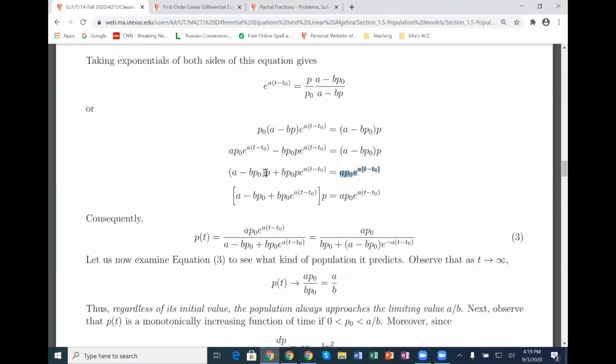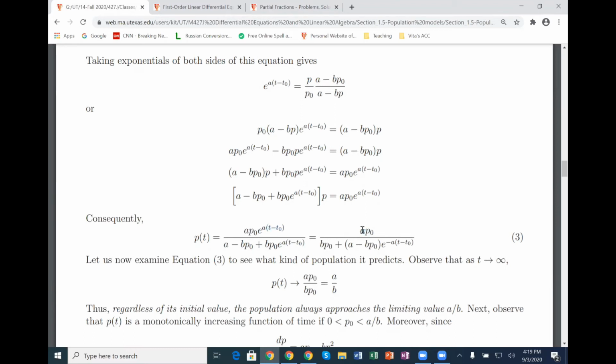Next step. P is a common term. Factor it out. And lastly, divide both sides by the expression in front of P. We get this. Here is an explicit formula for P. The goal is achieved. We just simplify a little bit. If we divide top and bottom by E to A times t minus t0, we get this.